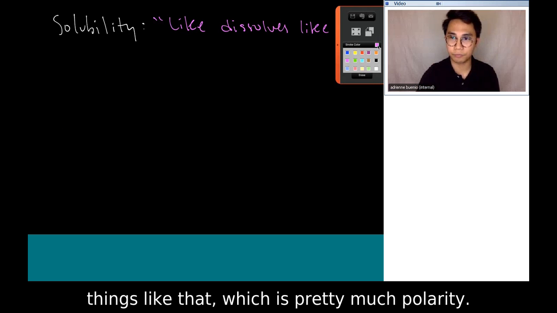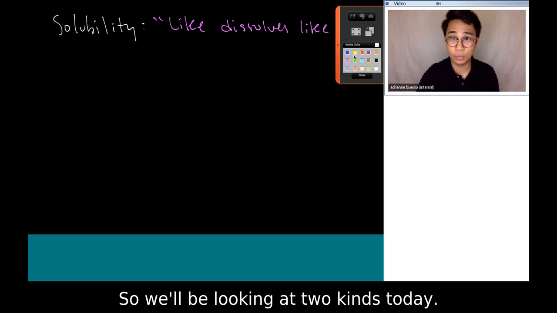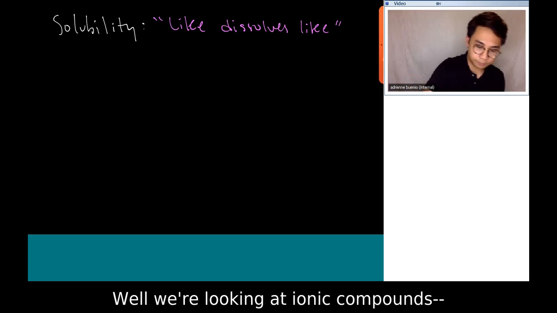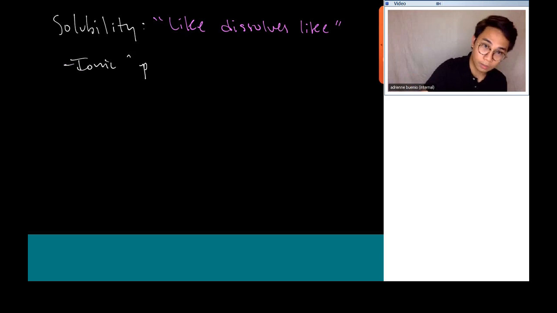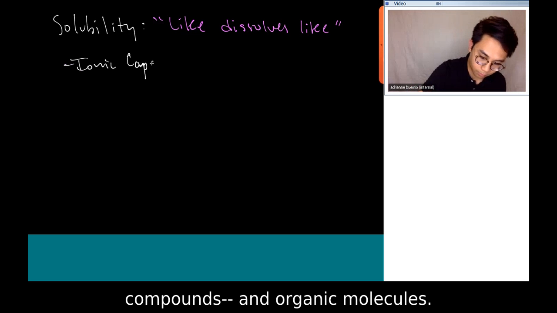So we'll be looking at 2 kinds today: ionic compounds and organic molecules.